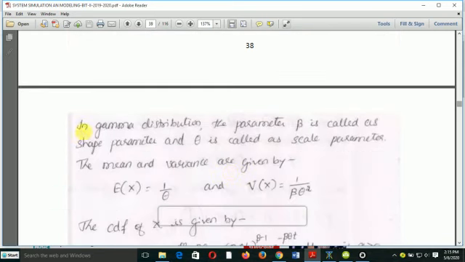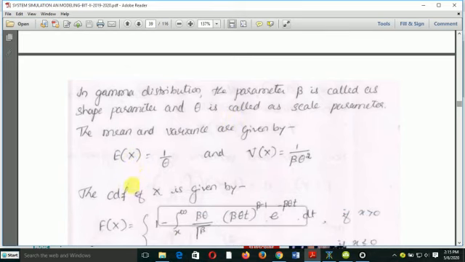For gamma distribution, the parameter beta is called the shape parameter, and theta is called the scale parameter. The expectation will be beta out of theta, and the variance will be beta out of theta power 2.